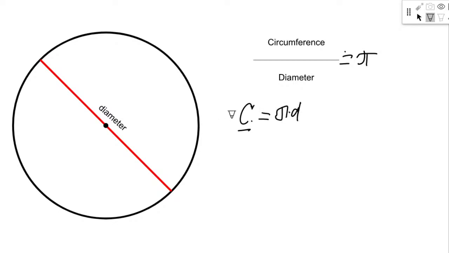Since the diameter equals 2r, the circumference also equals 2 pi multiplied by r, or radius. What is pi? It is approximately 3.14, but there is more to it, of course. It is a constant number. So usually we consider pi as 3.14.